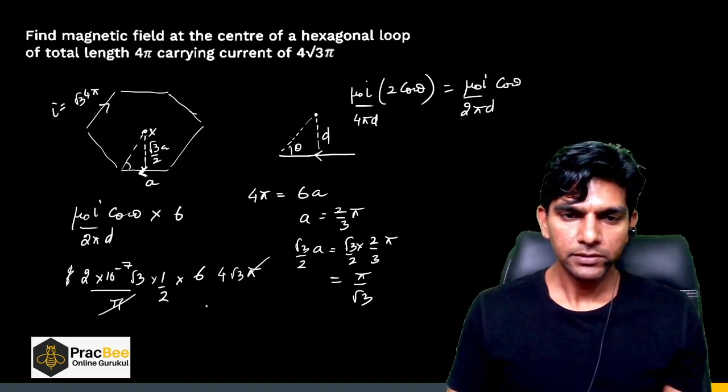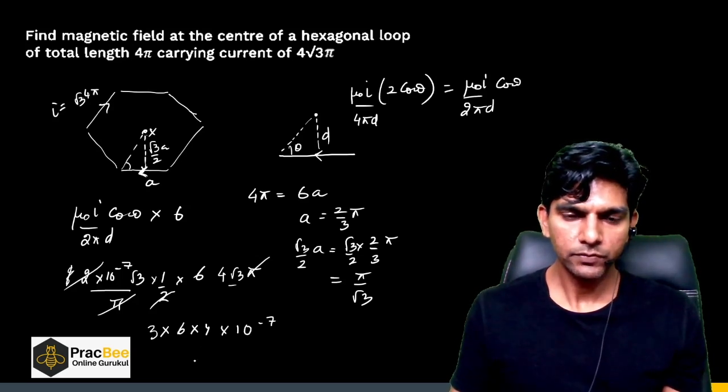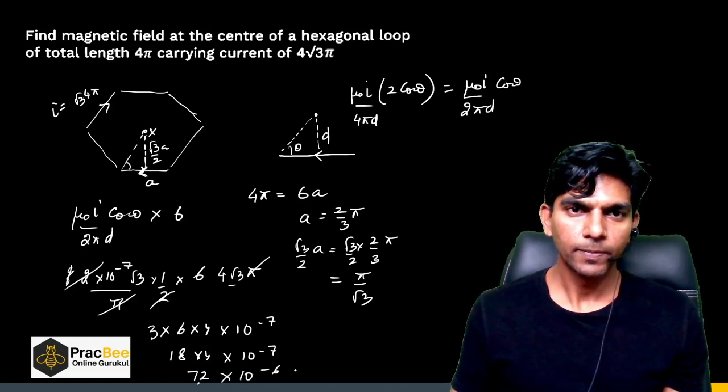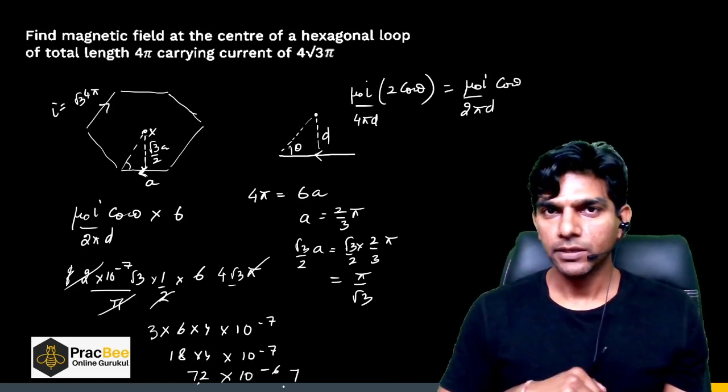So pi will get cancelled out, this 2 will get cancelled out, and then we have 3 times 6 times 4 times 10 raised to power minus 7. So this will be 18 times 4 into 10 raised to power minus 7, so it will be 7.2 into 10 raised to power minus 6 Tesla. So that should be the answer of this question.